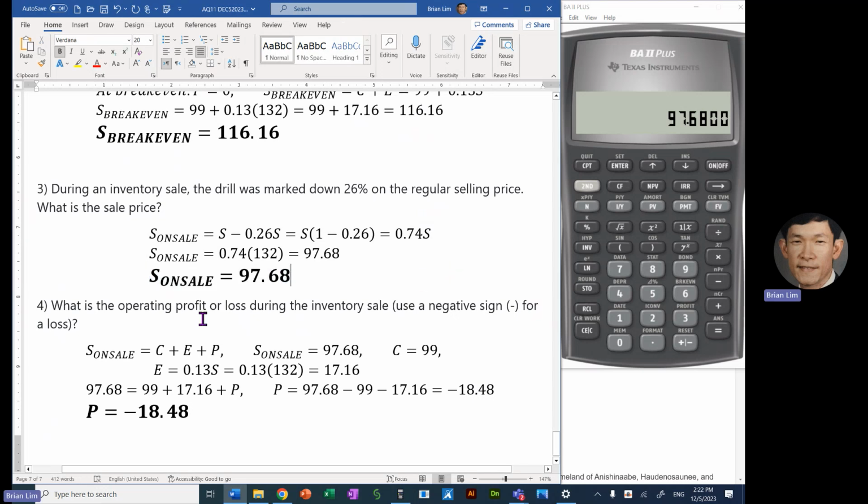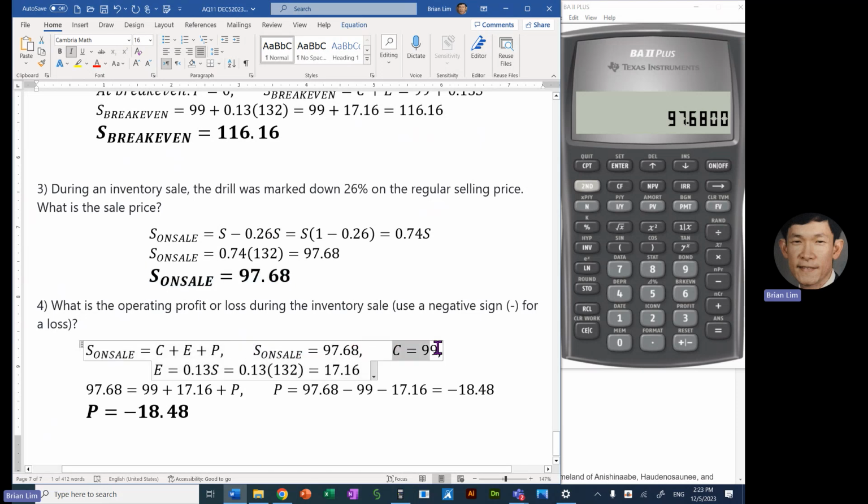Okay. Now, what is the operating profit or loss during the inventory sale? Use a negative sign for a loss, depending on what the calculation turns out to reveal. Now, the selling price on sale is still equal to cost plus expenses plus profit. Now, the sale price is exactly what we calculated up here, $97.68.